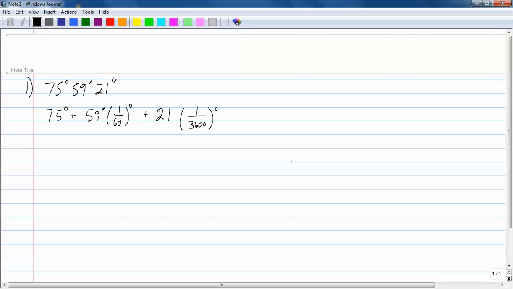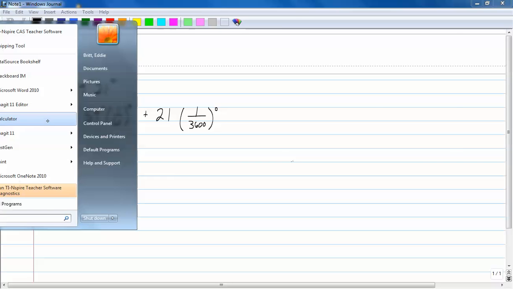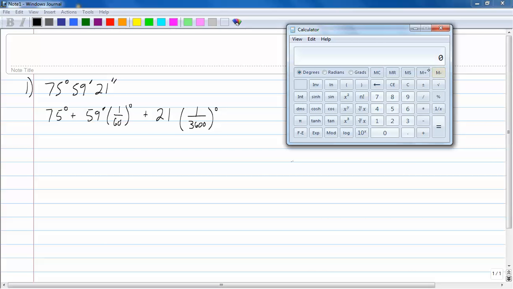And that's because 1 degree is equal to 3600 seconds. So, I definitely use a calculator on this. 59 divided by 60.